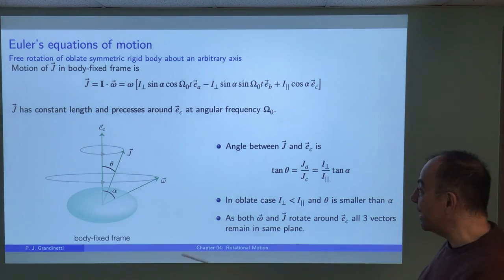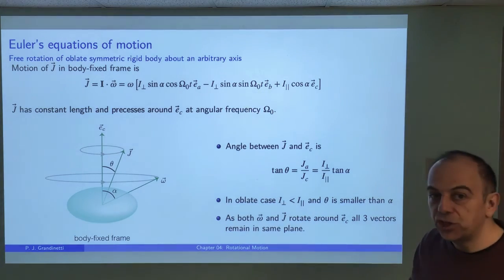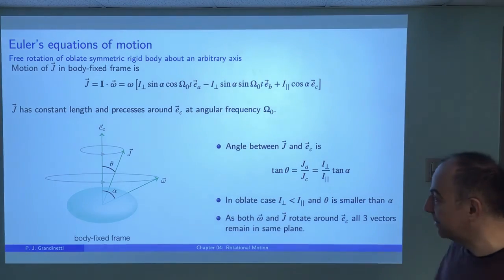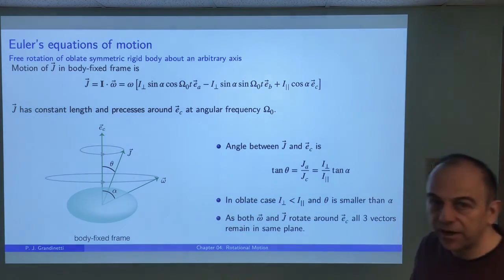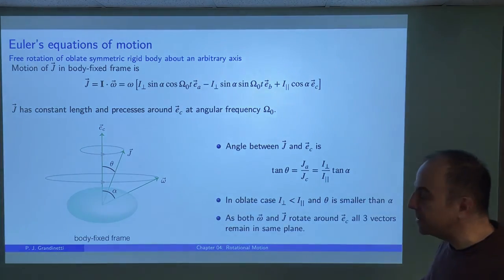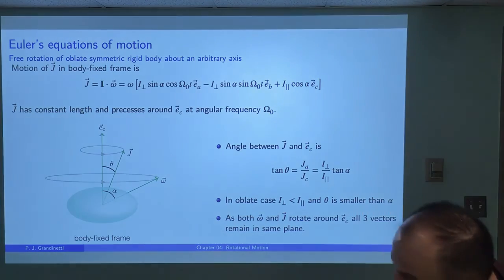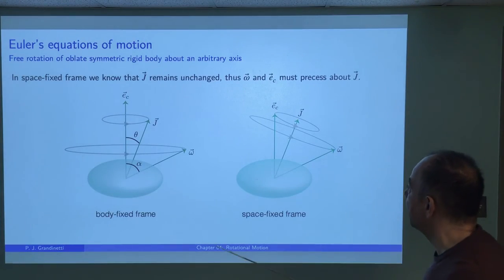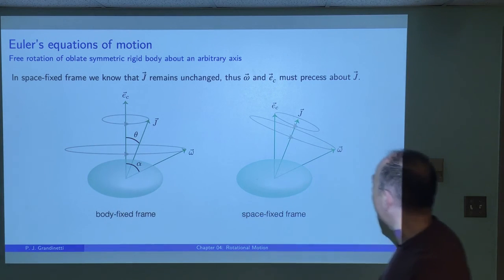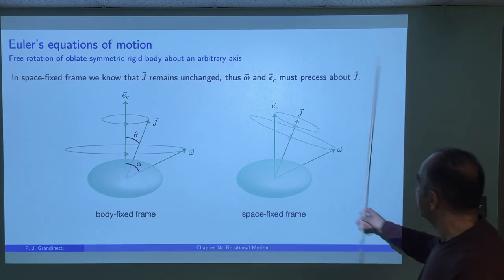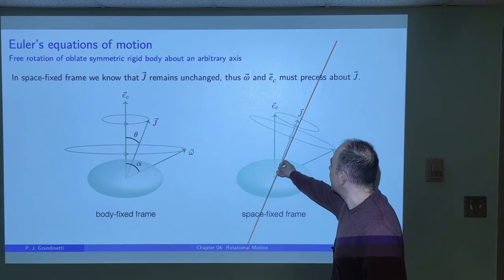Now in the space fixed frame, we do know that J has to be time independent, right? It's time dependent here in the body fixed frame, but in the space fixed frame, it should be time independent. So if we look at the difference between these two, in the body fixed frame, this is what we had. In the space fixed frame, the vector J has to be time independent.